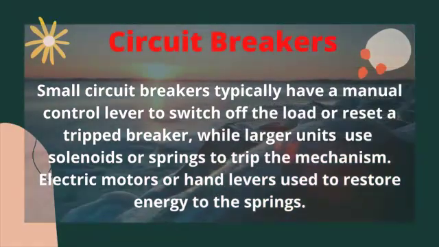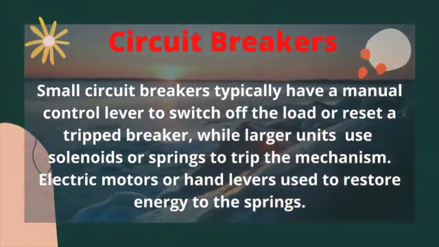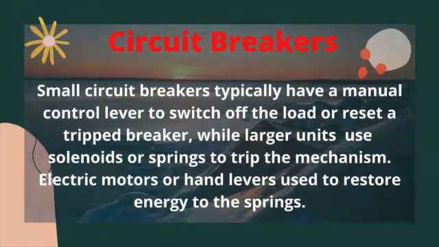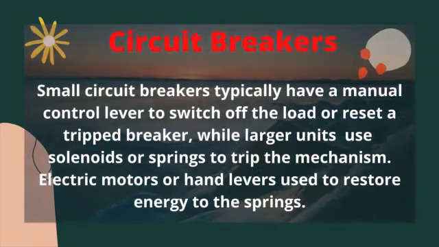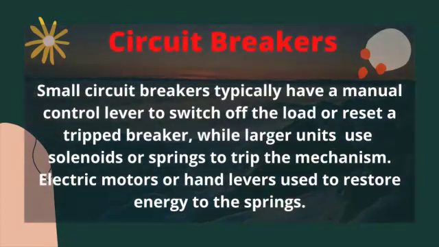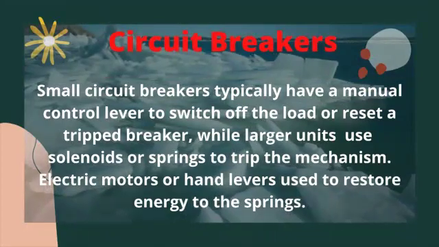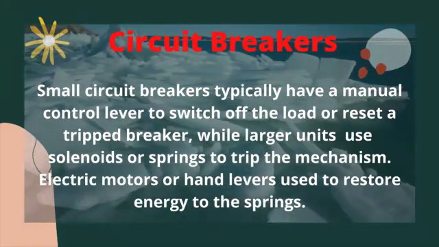Small circuit breakers typically have a manual control lever to switch off the load or reset a tripped breaker, while larger units use solenoids or springs to trip the mechanism. Electric motors or hand levers are used to restore energy to the springs.